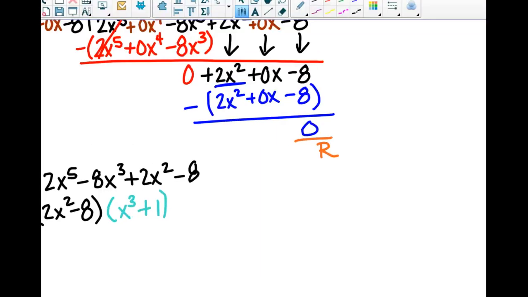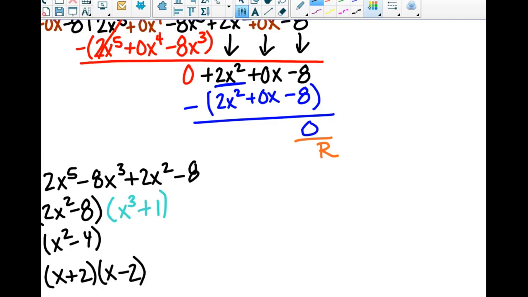I notice here that 2x squared minus 8, that's quadratic. I can solve that. I could use square roots if I want to, or I could continue factoring. I notice that if I factor that polynomial, it has a GCF of 2, resulting in a difference of squares. If you look at our quotient, you should recognize it.